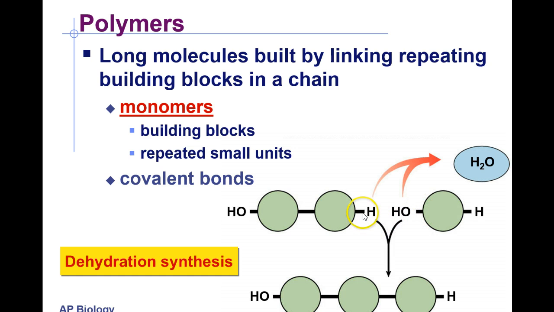So in this case, this H over on this monomer will combine with this OH on this monomer to form a very common, familiar molecule called water. And then the bond is established.